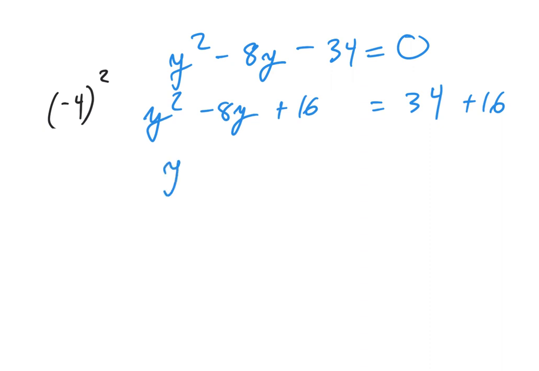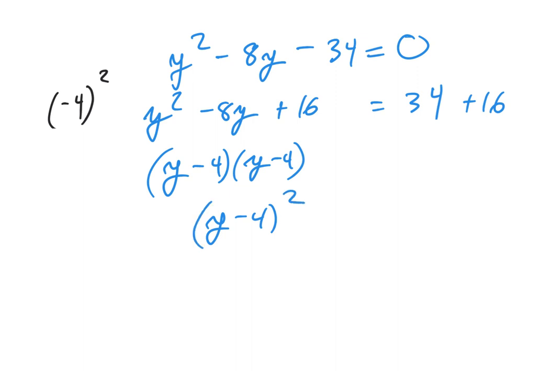On the left, this will be y minus 4 times y minus 4, which is y minus 4 squared. And that will equal 50.